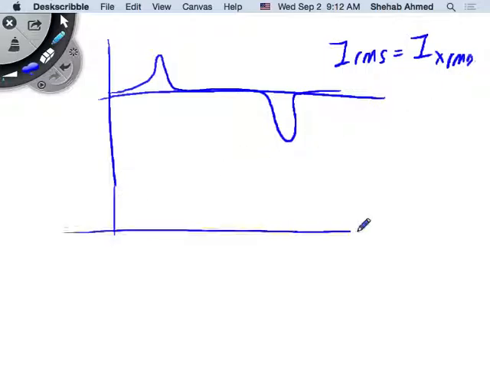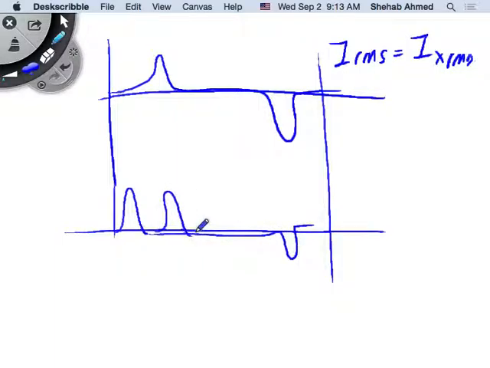And now I'm telling you that this neutral current has 3 times these pulses in the same period. It has pulses from IA, it has pulses from IB, it has pulses from IC as well. So 3 times the number of pulses.